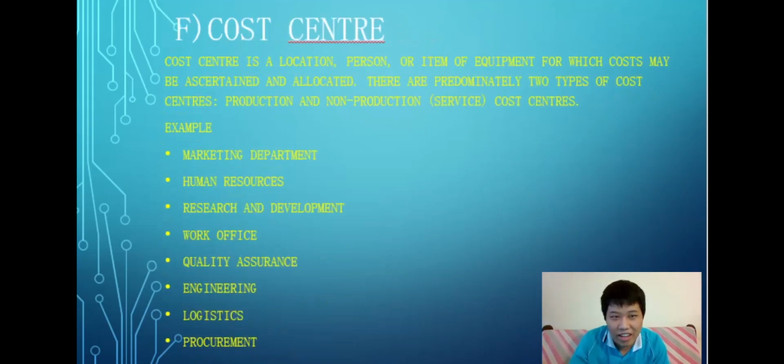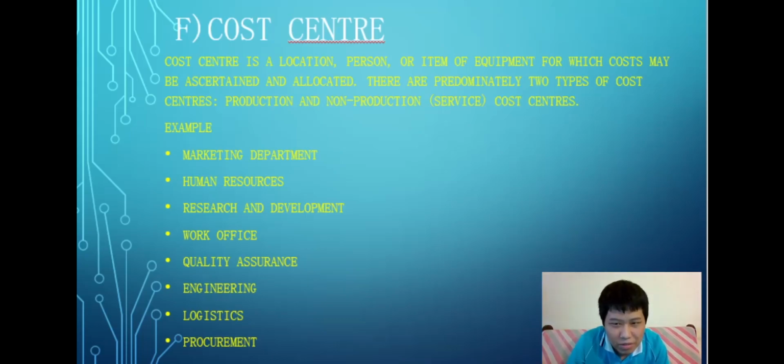Okay, now and the last, I want to present about the cost center. A cost center is a location, person, or item of equipment for which cost may be ascertained and allocated.